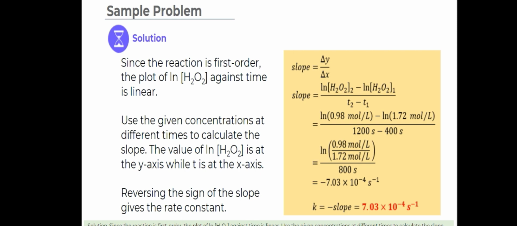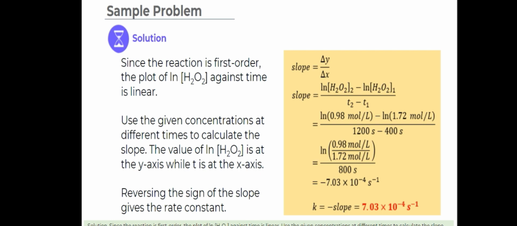Solution. Since the reaction is first order, the plot of ln H2O2 against time is linear. Use the given concentrations at different times to calculate the slope. The natural logarithm of hydrogen peroxide concentration is on the y-axis, while t is on the x-axis.